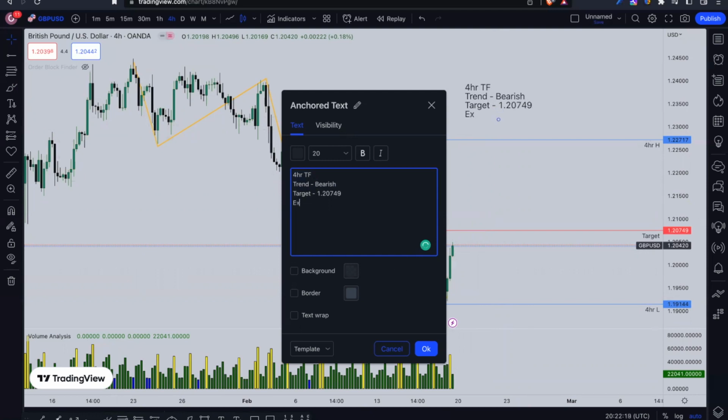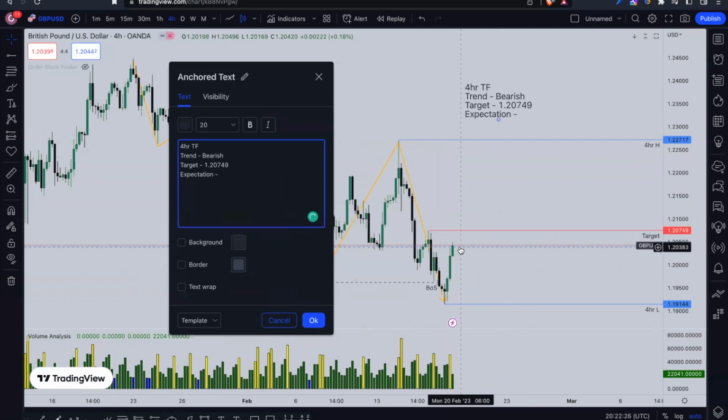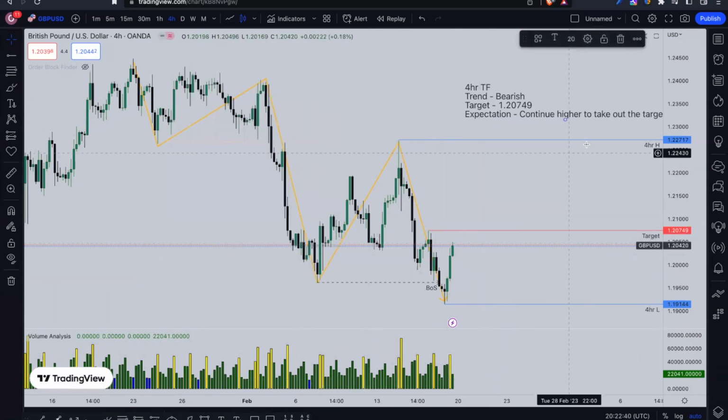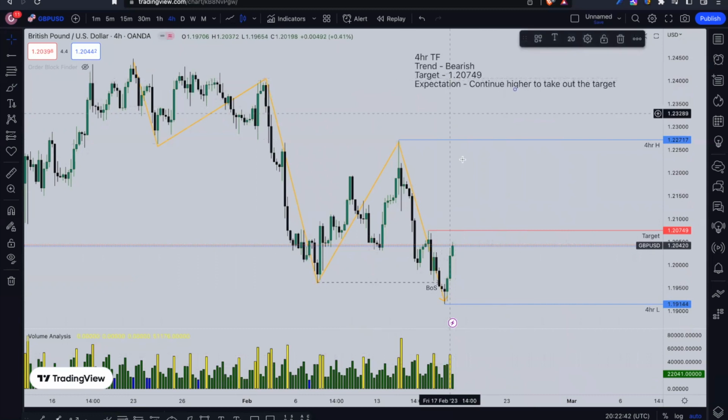What's our expectation? Our expectation is for price to actually continue higher to take out this target. Okay. All right. So this is my analysis for the 4-hour time frame.